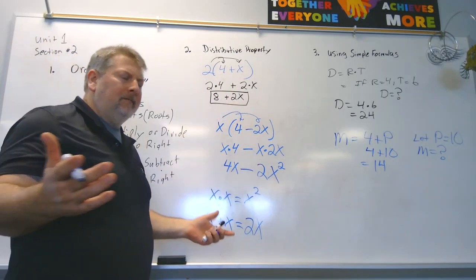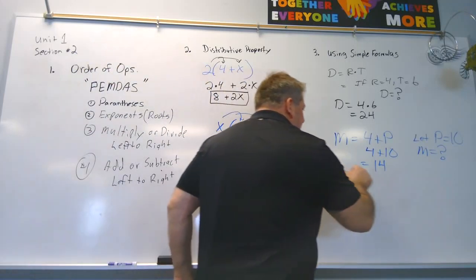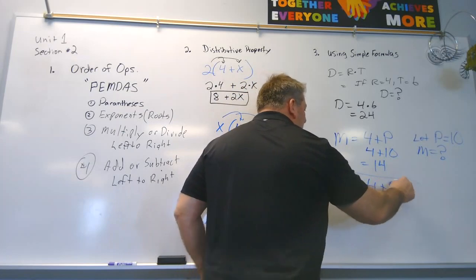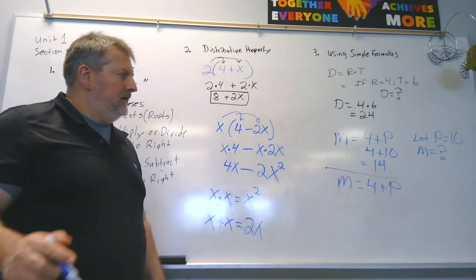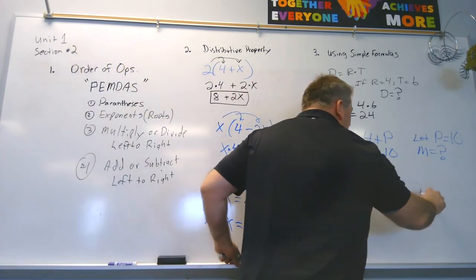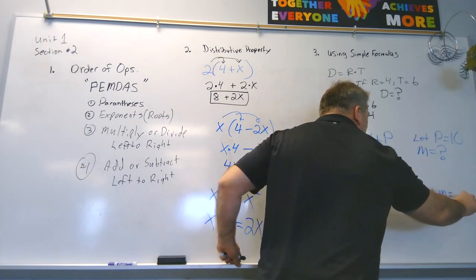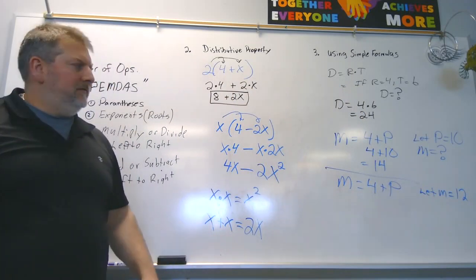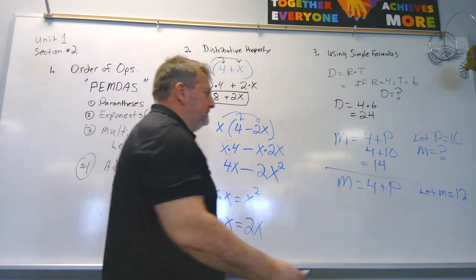But what if we had something like this? M equals 4 plus P. And I said, let M equal 12. What is P?